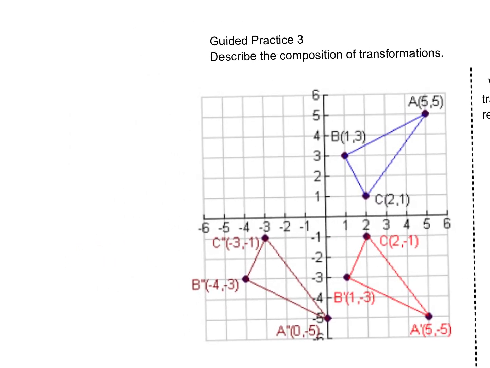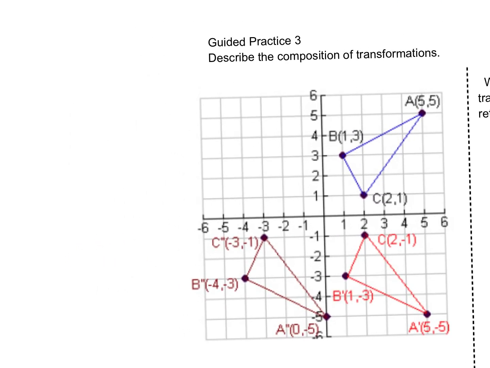Guided practice number 3 gives us a fully worked out set of numbers and coordinates. And it wants us to describe the composition of transformations. Personally, the easiest thing to do, in my opinion, is to pick a point and then follow that point around.